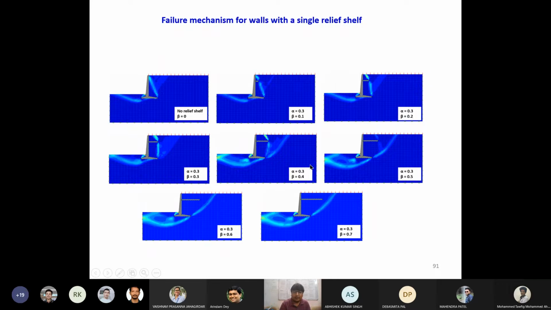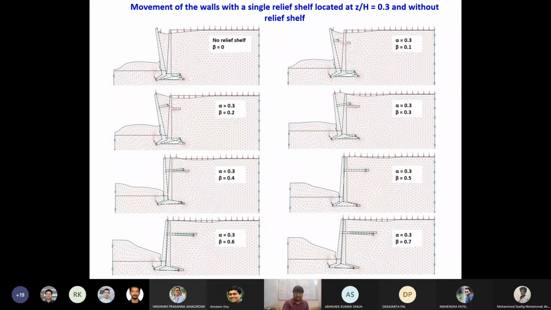With the further increase of the width of the relief shelf, instead of the wall failing, there is a tendency for a slope failure. So here the wall is not failing; as we keep increasing the load, the overall slope is failing. That is what we noted. This is an important point that I'll be discussing in the next slide.